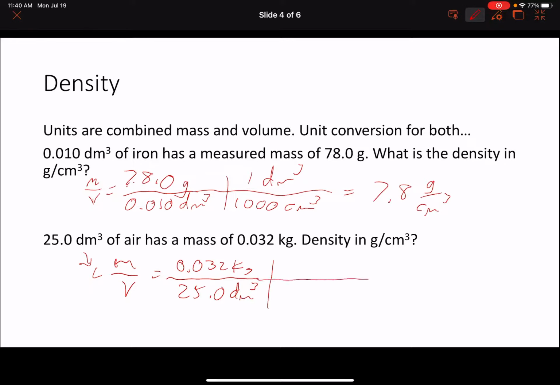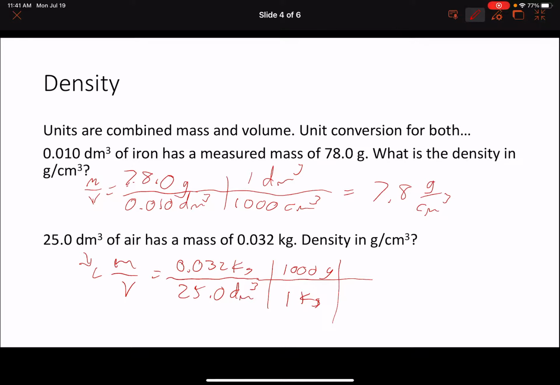Then we need to do some conversions. First, we're going to convert kilograms to grams. So there are 1,000 grams per kilogram.